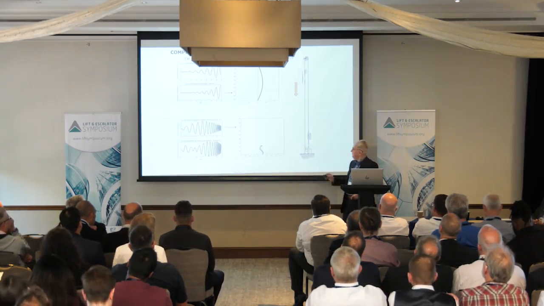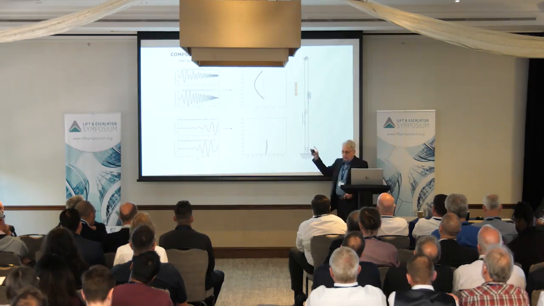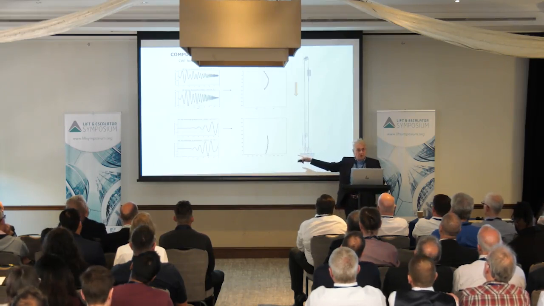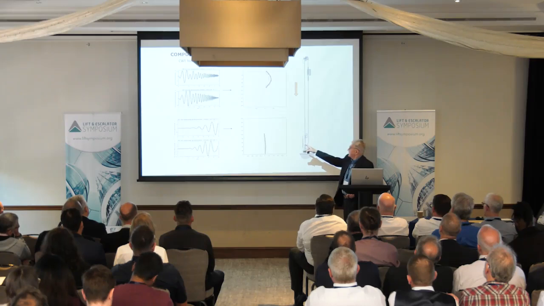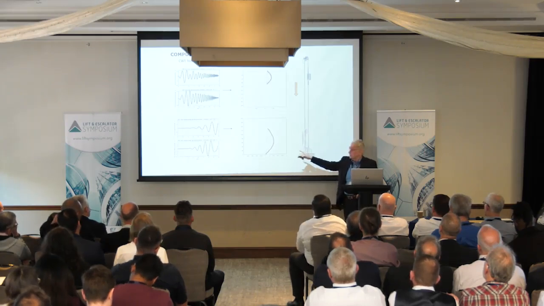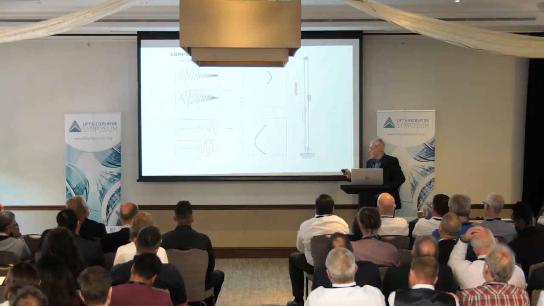Car is moving down. Now when we look at the counterweight side, it's a similar thing, but opposite. We have the hoist rope of the counterweight moving up and the compensating rope at the counterweight is basically extending.